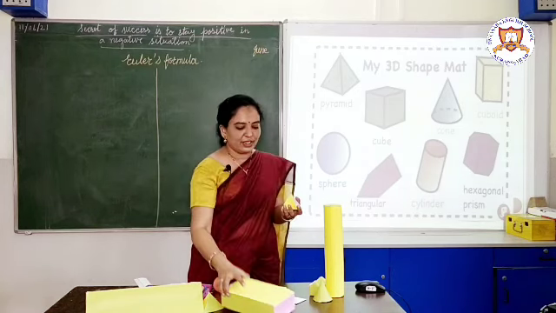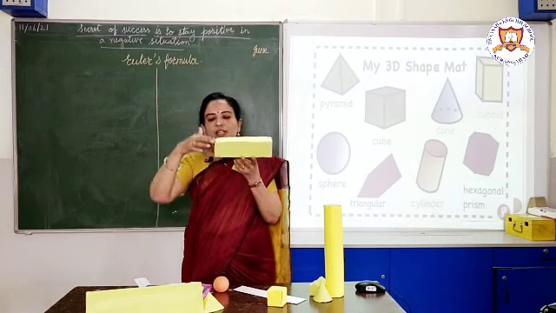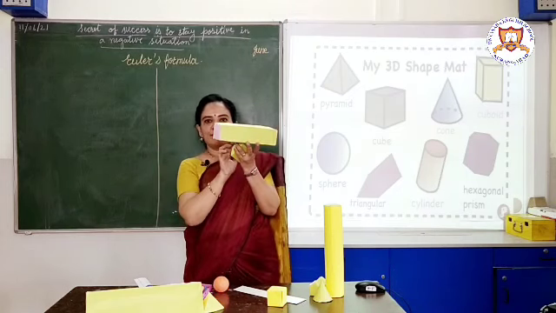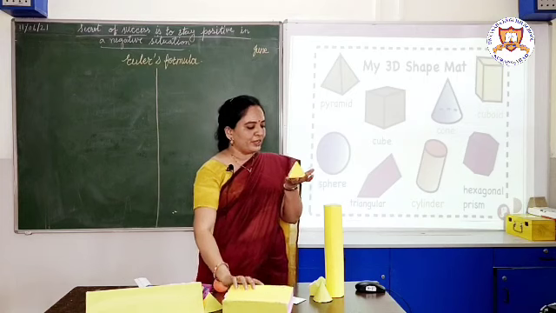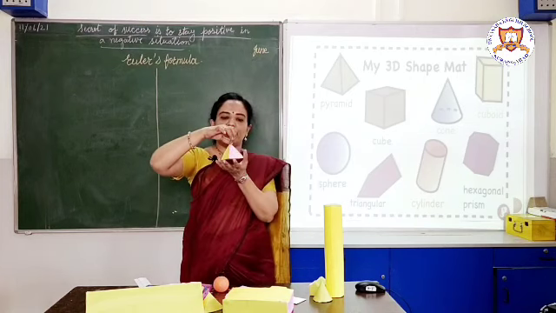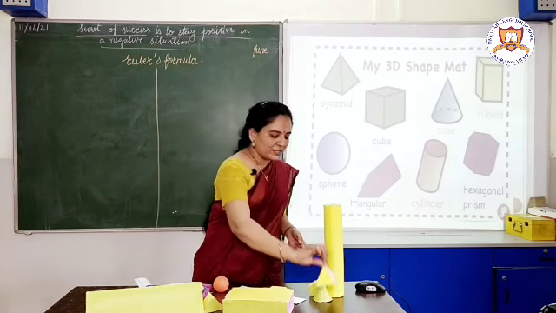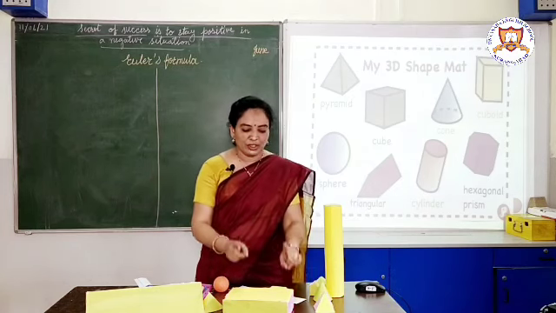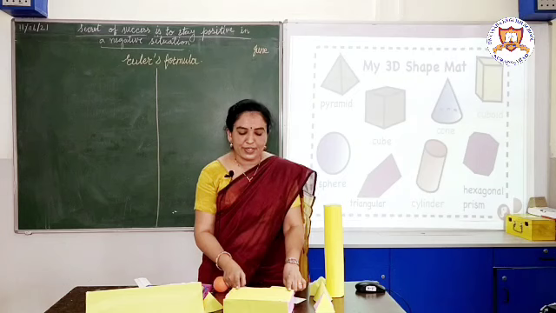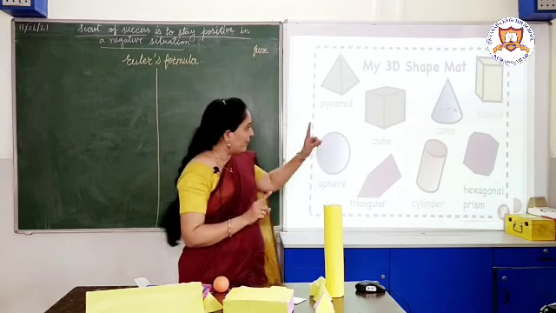Here in the cuboid, they are meeting at 4 different points, but in the pyramid they are meeting each other at the same one point. A cuboid is also called a prism. We are going for the prism.